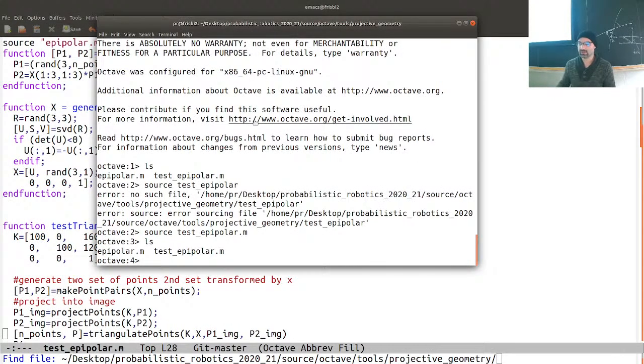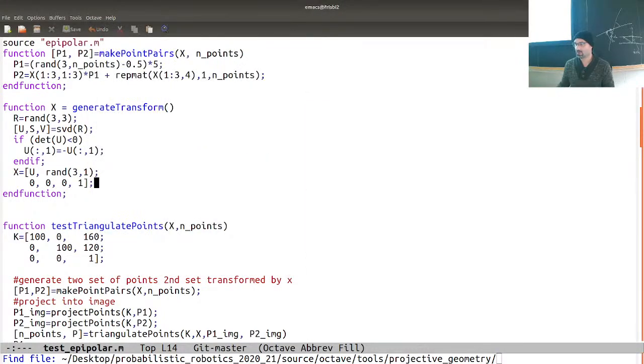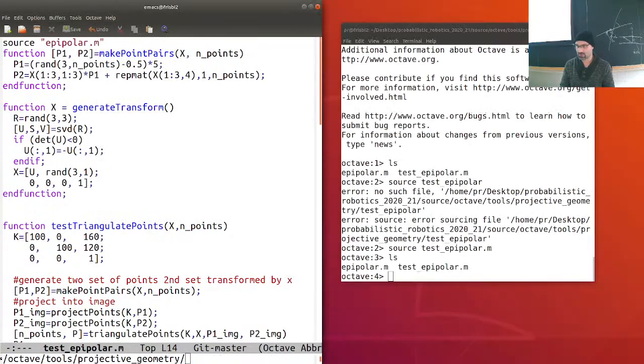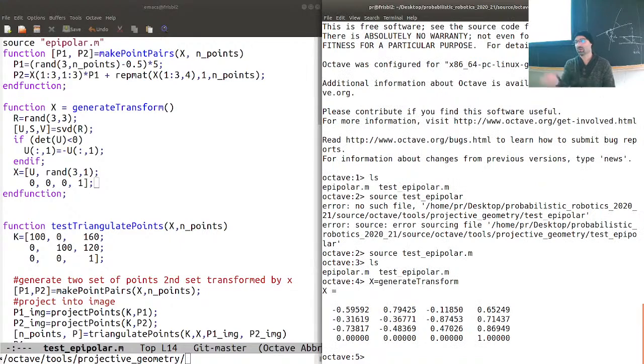I had Octave here. Okay, let's generate a transform. We generate a transformation matrix. We need it.